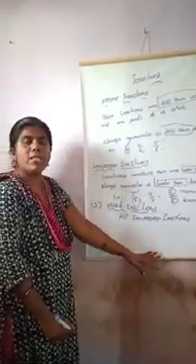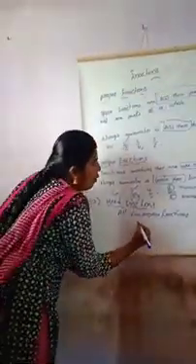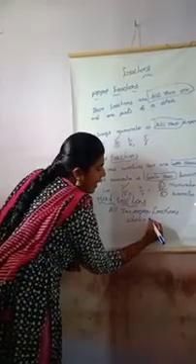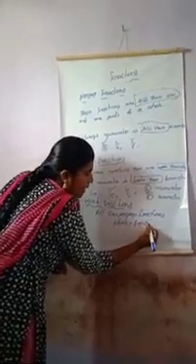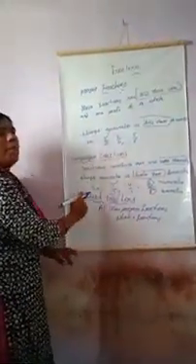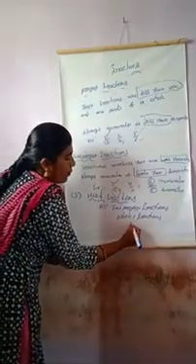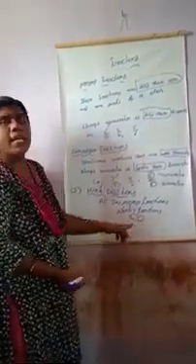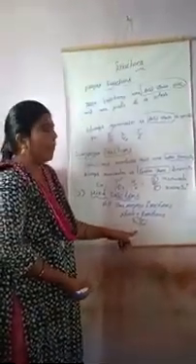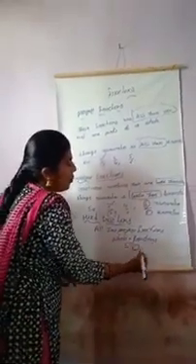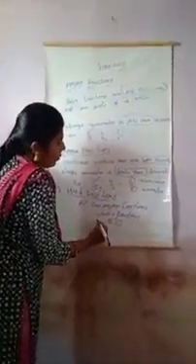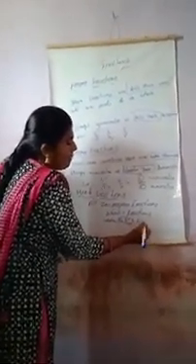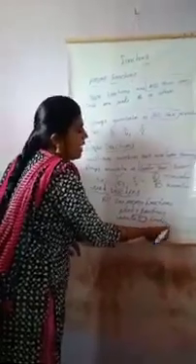A whole number plus a fraction is called a mixed fraction. 2, 1 by 2 is a mixed fraction. 2 is a whole number. 1 by 2 is a fraction.